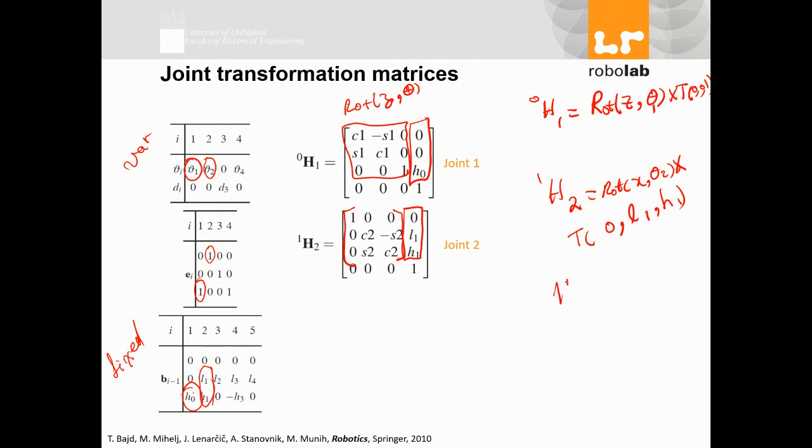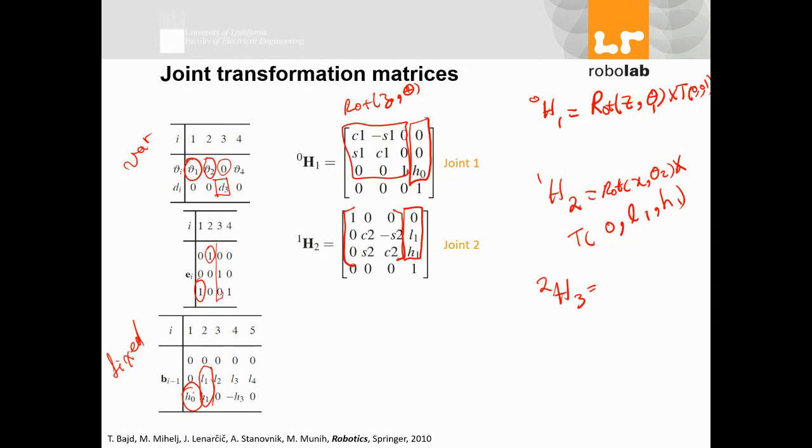For the homogeneous matrix from 2 to 3, there is no rotation. Rotation is 0, but I have a linear or translational movement, right? Like that.